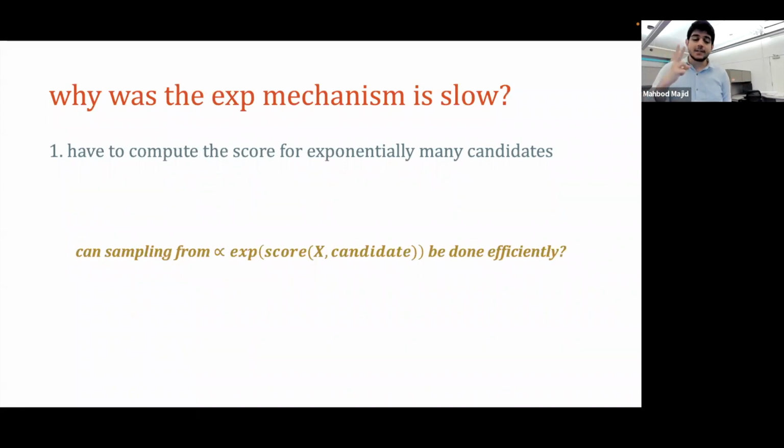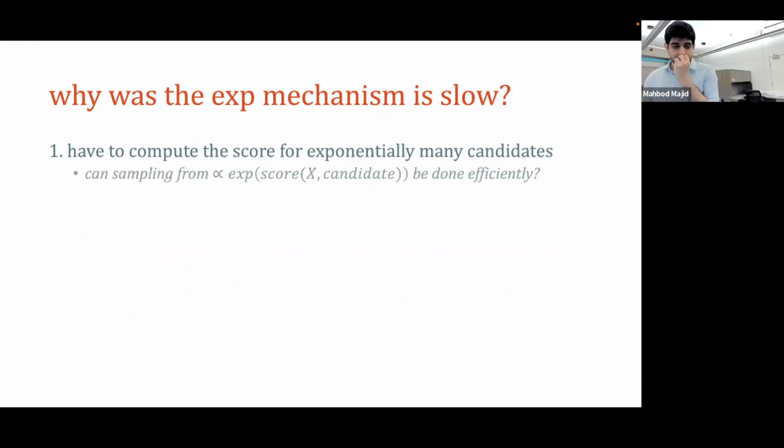We had two main issues there. The first one was that it's not clear how to compute the score function for an exponentially large set, and this comes from a more abstract problem: for which score functions can we do the sampling efficiently?